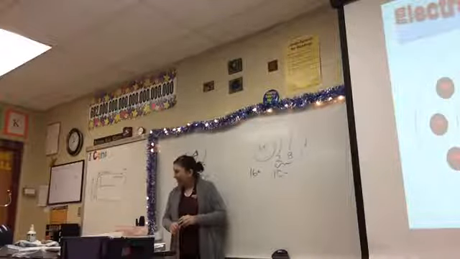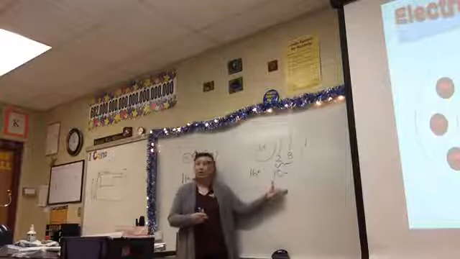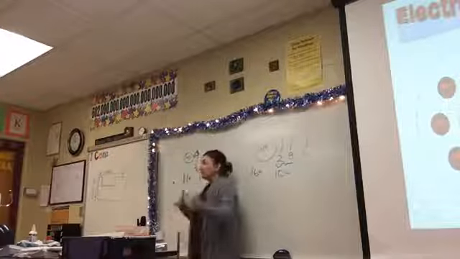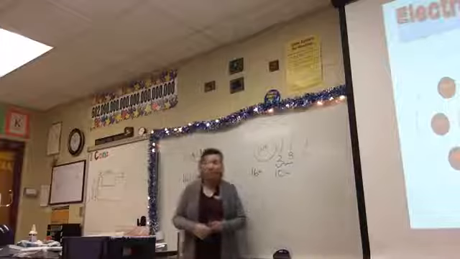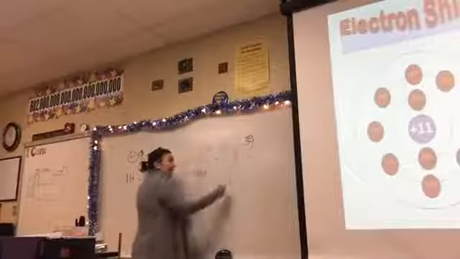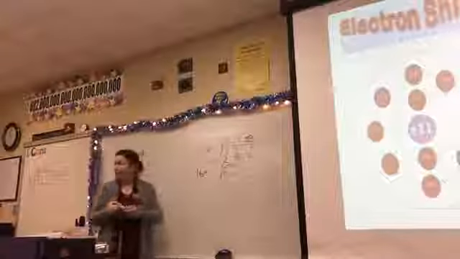Does that make sense? Because I have 10 shielding electrons here and 10 shielding electrons here, but the protons are different. So that's why these reach out, grab these electrons in the atom, and it's smaller.